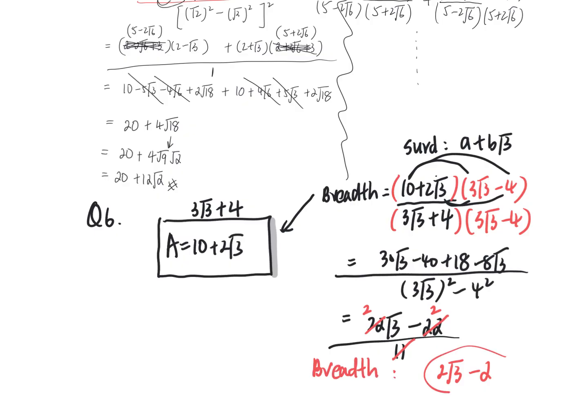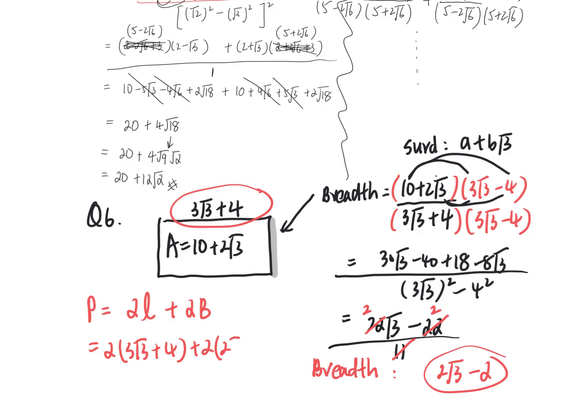So with the breadth and with the length, to find perimeter, is just 2 length plus 2 breadth. Okay, so just simplify. 6 and 4, 10. 8 and minus 4 is 4. So this is your perimeter, cm.